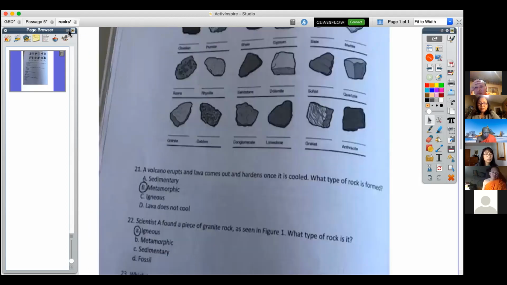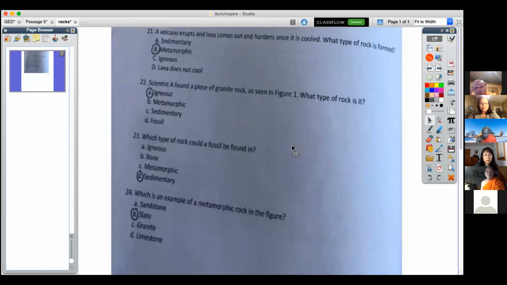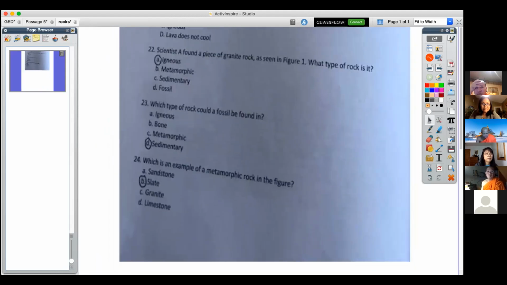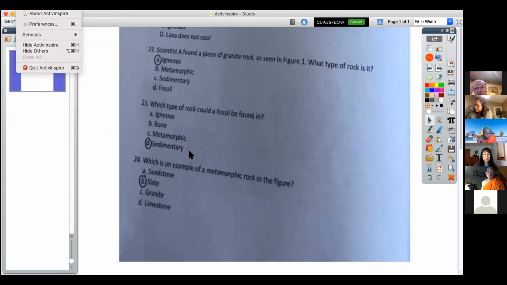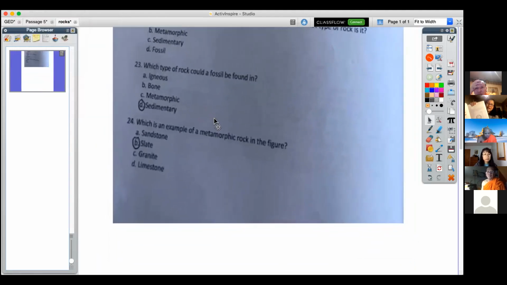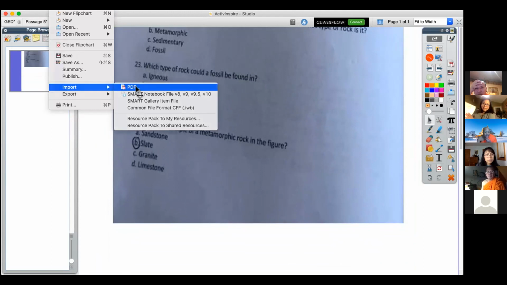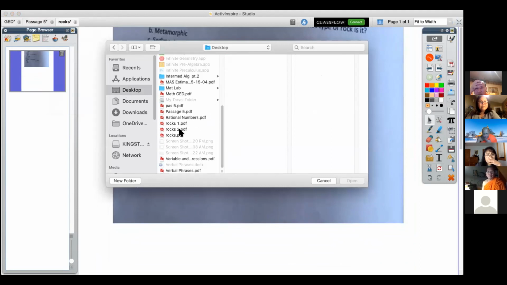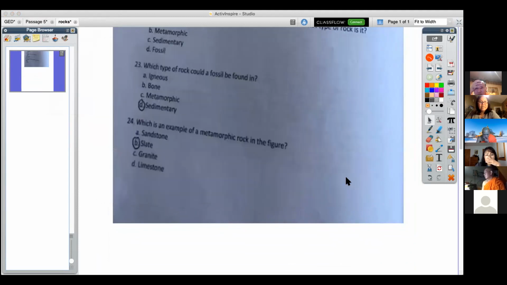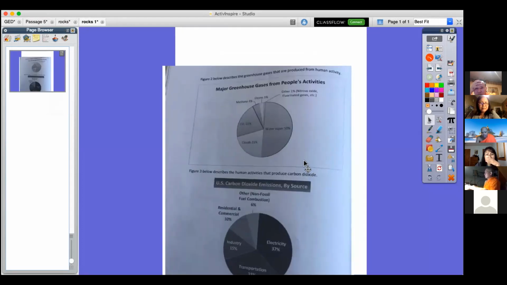Understood. One more question, number 25. I don't have 25. Oh okay, there's no 25 on here. This 25 has a picture. Hold on. The page is up there. No, I don't see it.